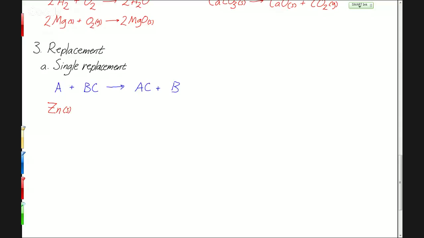Solid zinc metal reacts with HCl, hydrochloric acid, to form zinc chloride and hydrogen gas.